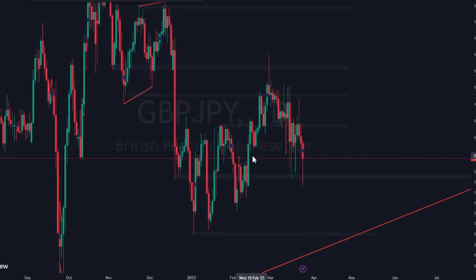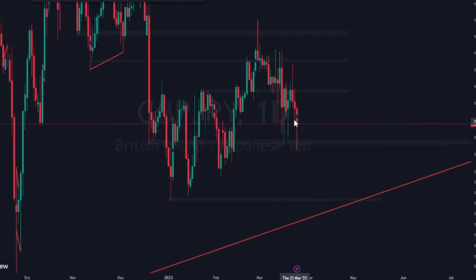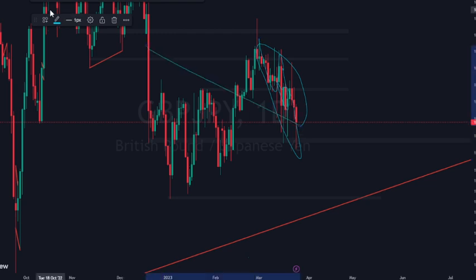GBPJPY, pretty simple as well. Still looking for sells, even though this price action is a bit ugly right here. But we'll just see what we make of it. Let me just delete this.